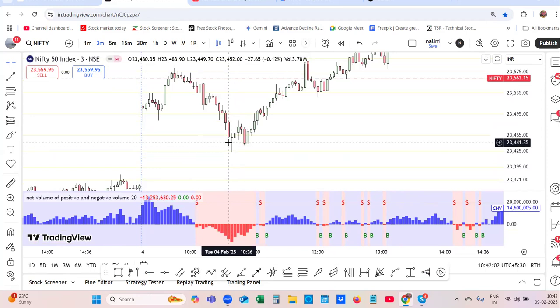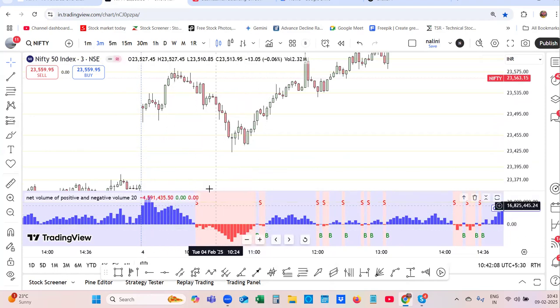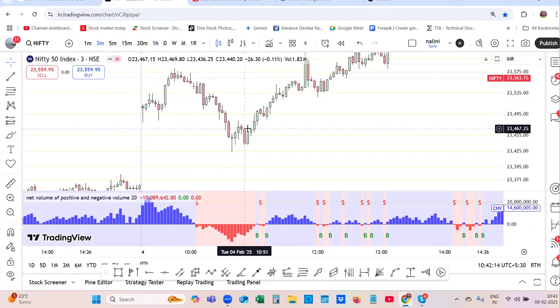Immediately you are not going to enter because it is a 3-minute time frame, not a 15-minute time frame. There, volume is still at the peak, and slowly you can see when the market starts consolidating, going sideways, the net volume, the seller volume, started decreasing.